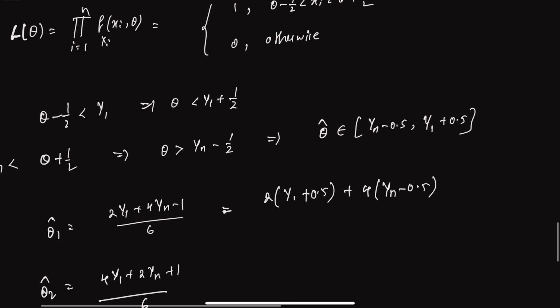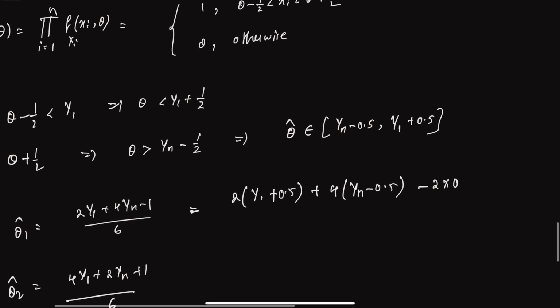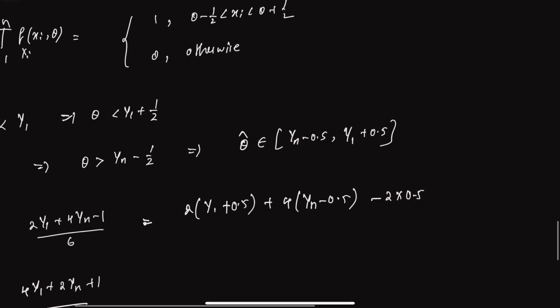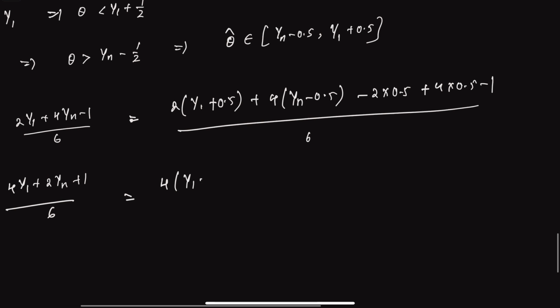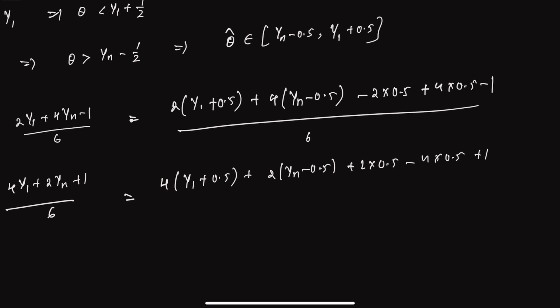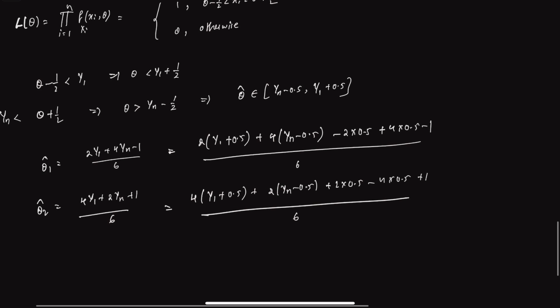Since we are adding, we can write minus 2 into 0.5 plus 4 into 0.5 minus 1. In the same way, 4 into (y1 plus 0.5) plus 2 into (yn minus 0.5), so plus 2 into 0.5 minus 4 into 0.5 plus 1, divided by 6.